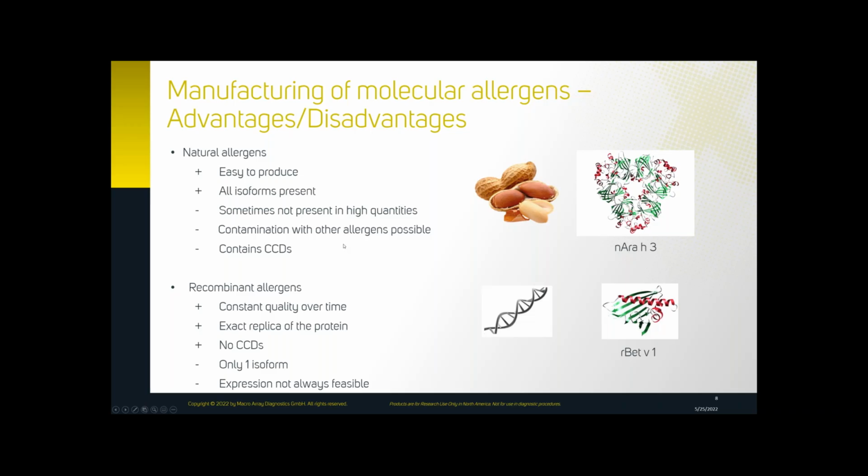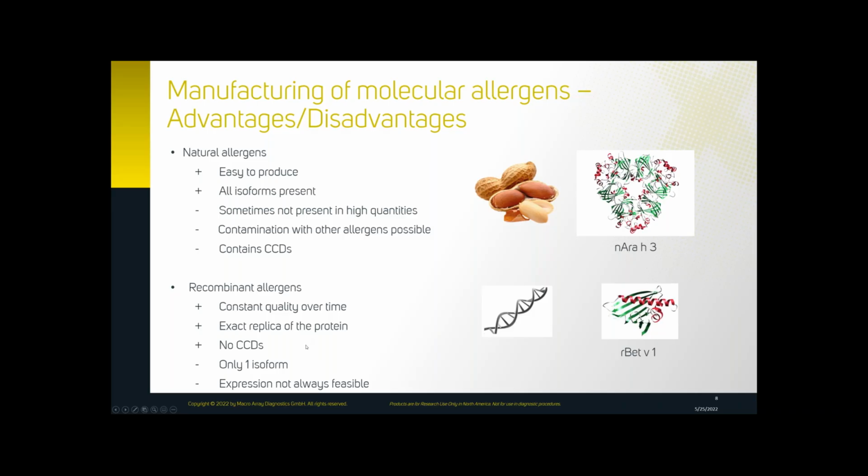Recombinantly expressed proteins have the advantage that the quality is always the same and does not depend on the starting material. It is always an exact replica of the protein, and you don't have any CCD on the recombinant allergens.